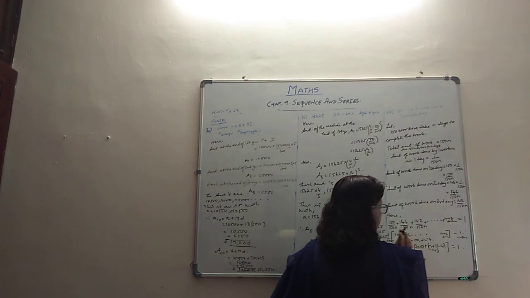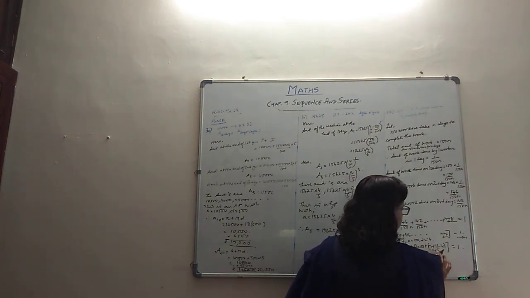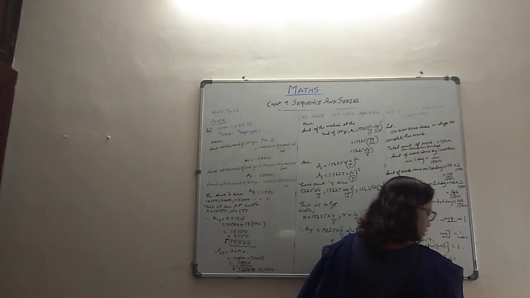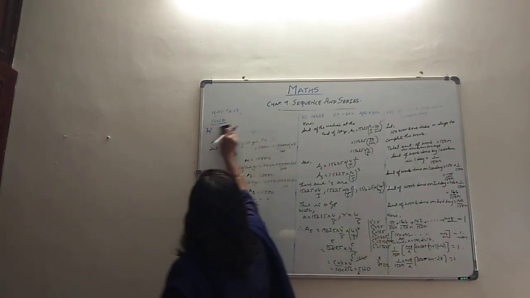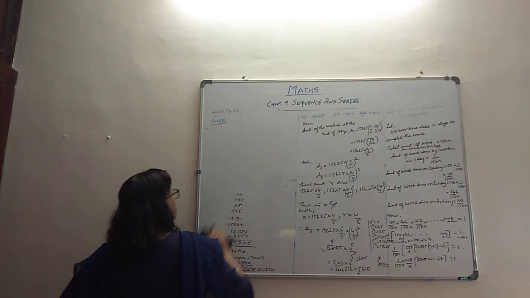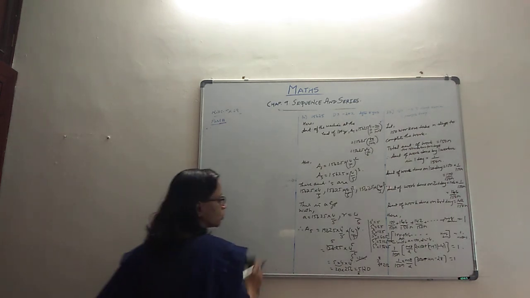So this is going to be minus 4n and then minus 28 equal to 1. So what happens?